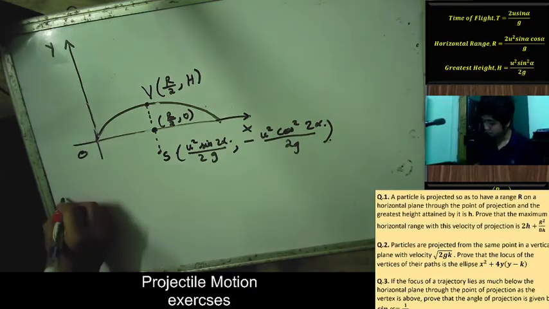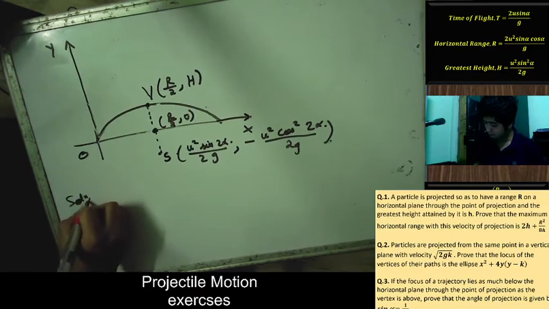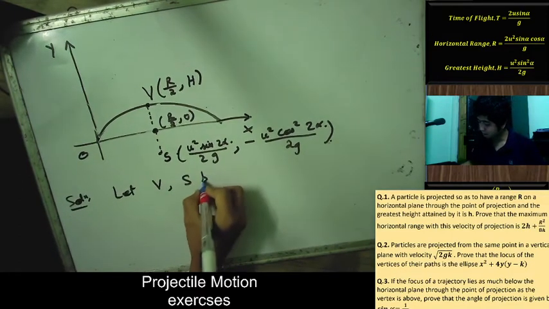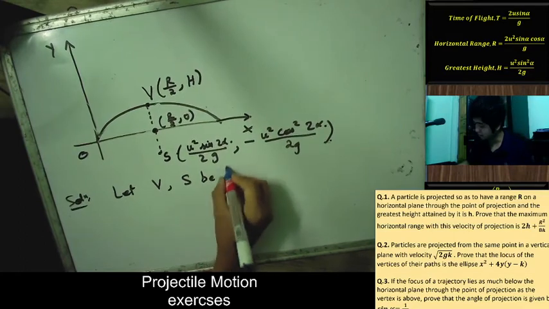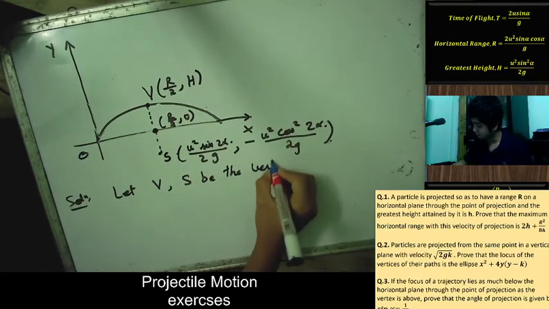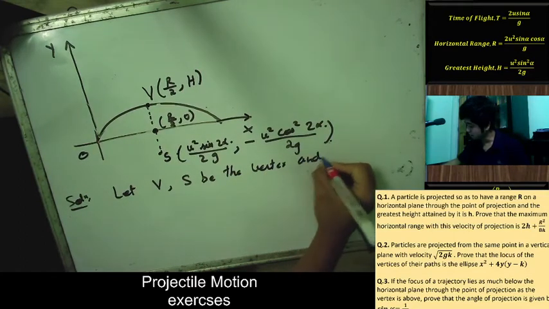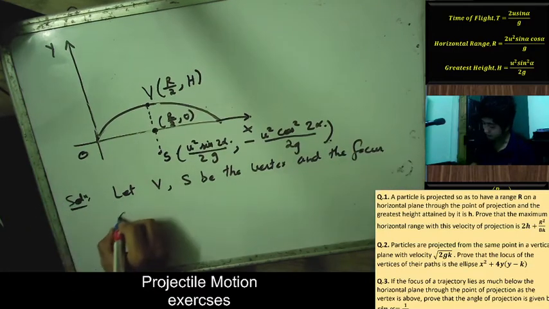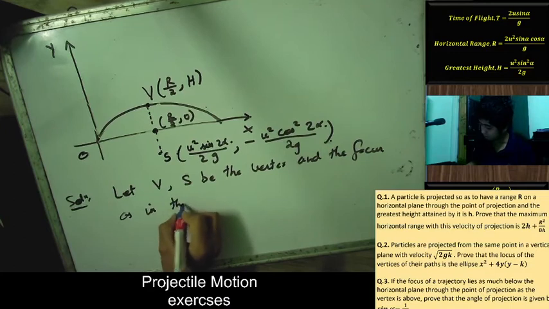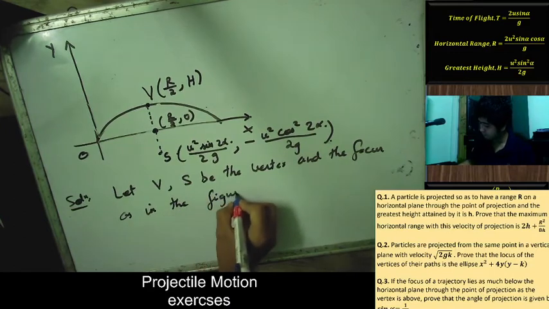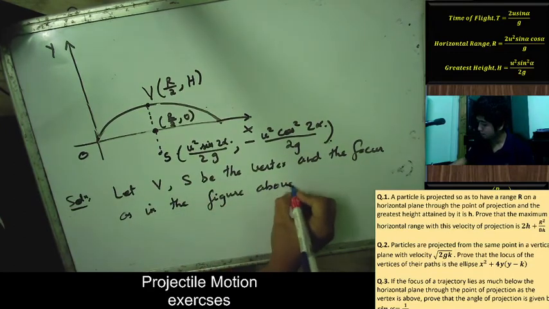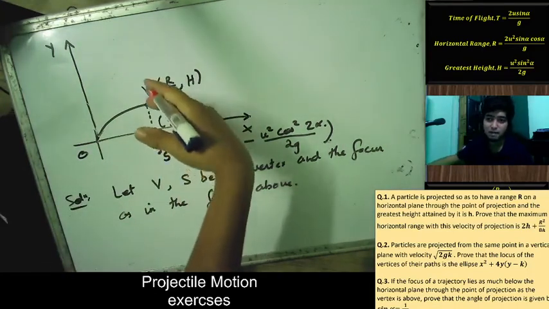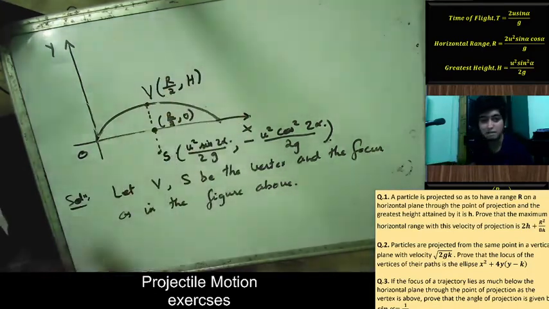Okay, so solution. Let V be the vertex and S the focus, as in the figure above. You will also need to draw this so that you won't have to describe what is happening.